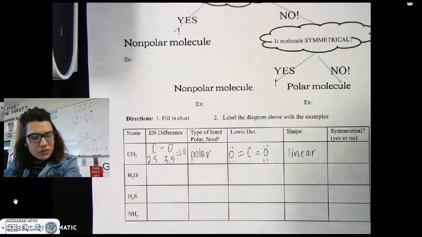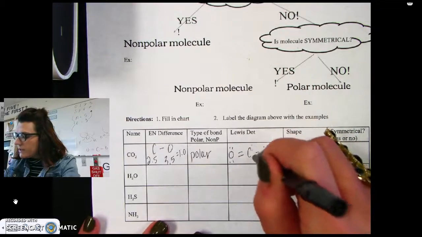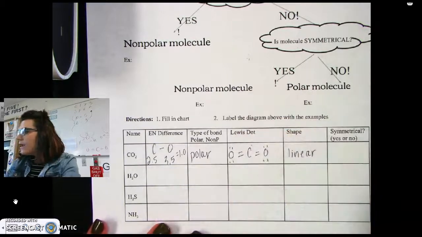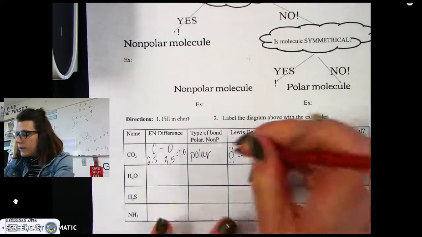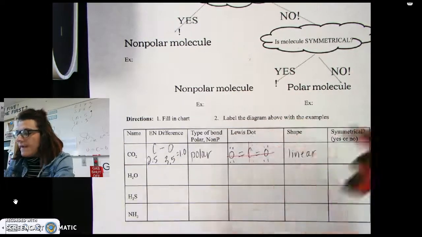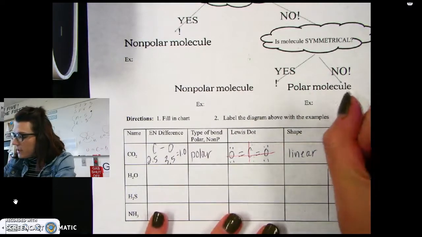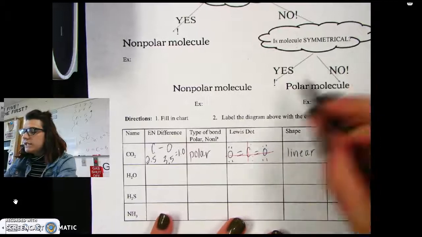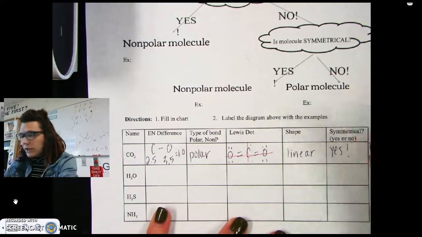Does this molecule look symmetrical? The answer is yes. If I was to look at this in a three-dimensional aspect, meaning if I was to cut this guy in half, both ways, so this way and this way, the molecule is symmetrical. So since the molecule is symmetrical, we're going to say that this is going to be a nonpolar molecule.